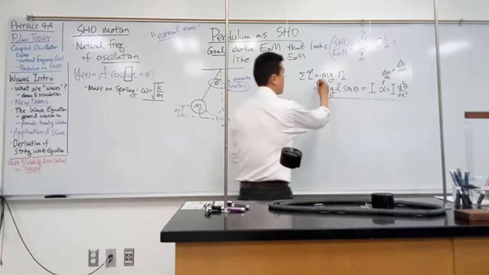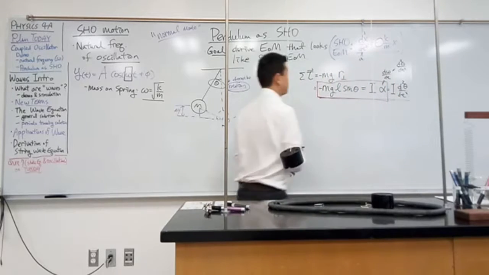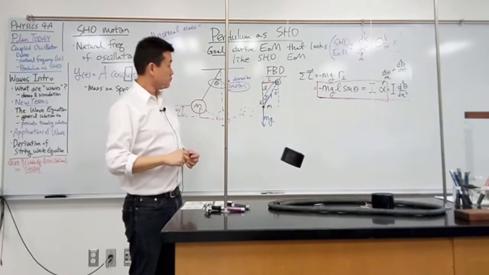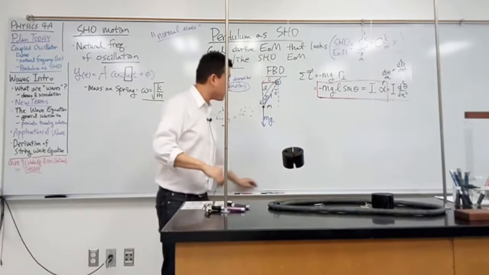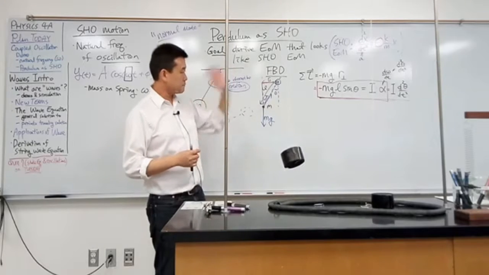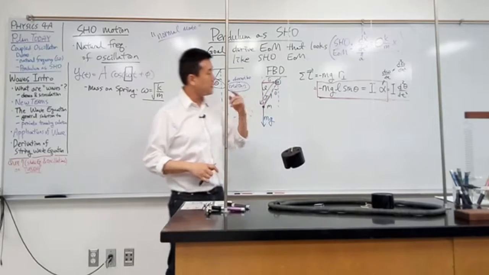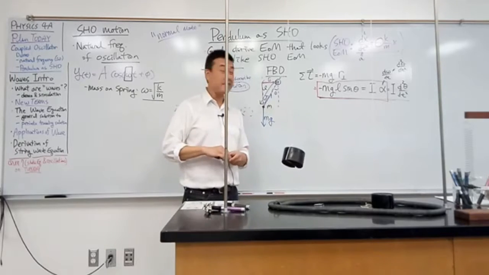So this is the equation that I should have written out. Good? All right, let me do a couple of simplifying things. It's not going to be as general as I'd like it to be, but this will make things easier.